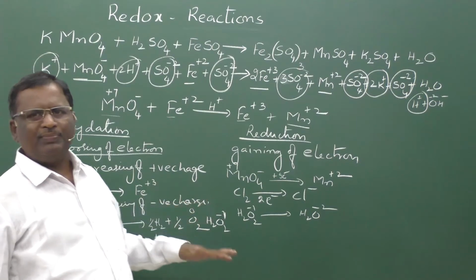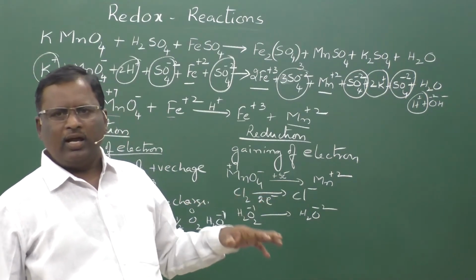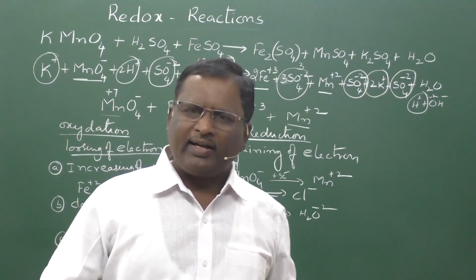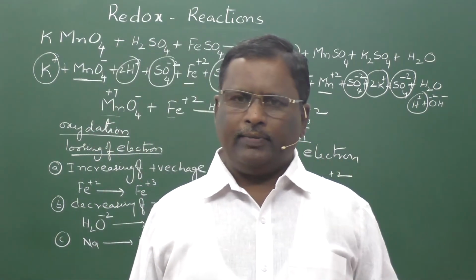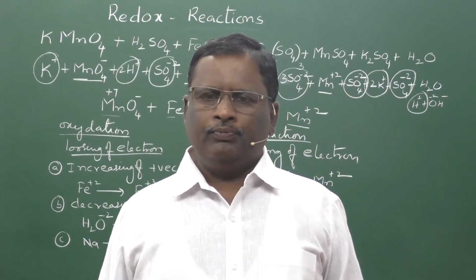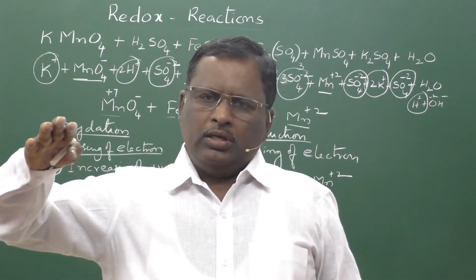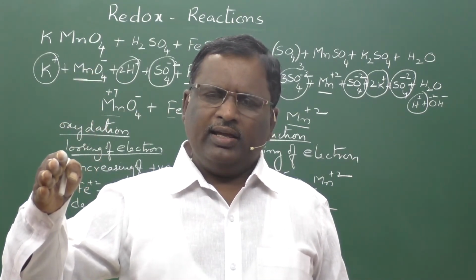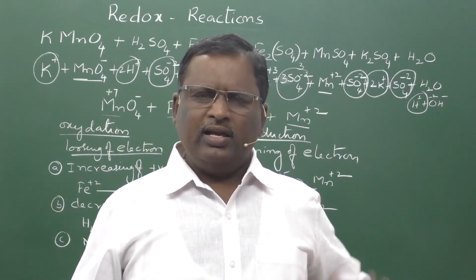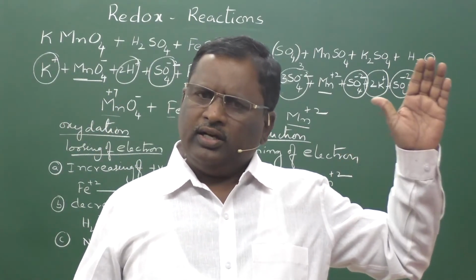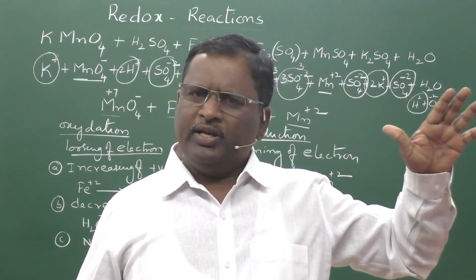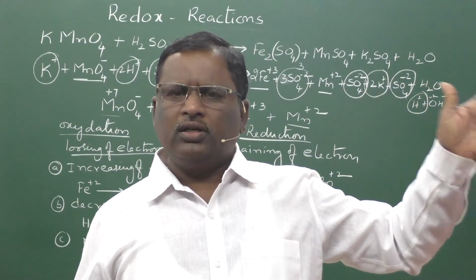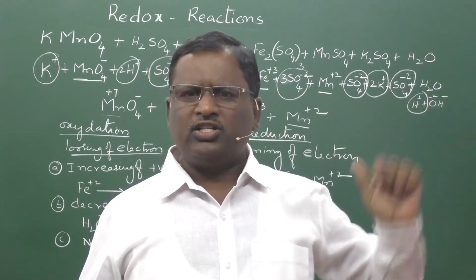So, you have to observe the oxidation numbers of species both on the reactant side and product side. If the positive charge on the reactant side is less than the positive charge on the product side, it means it releases some electrons, that is said to be oxidation.